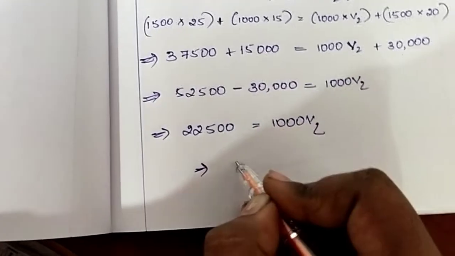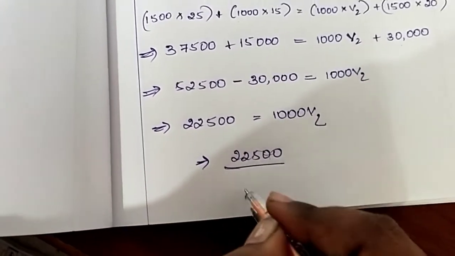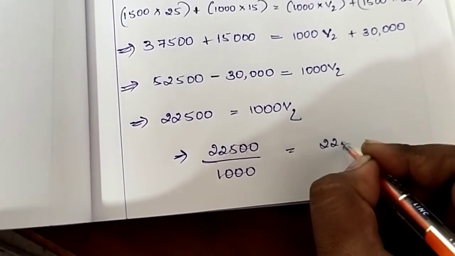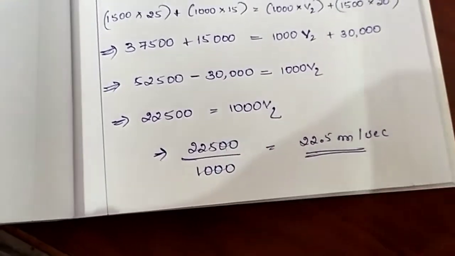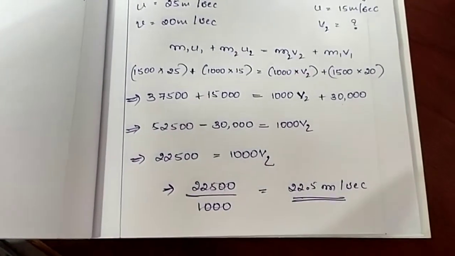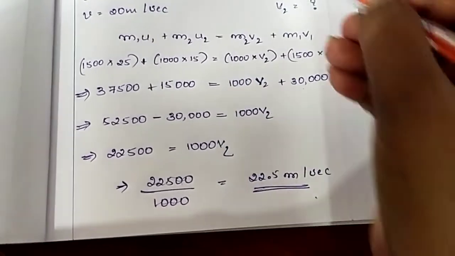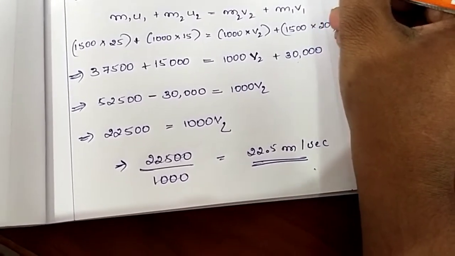So that will be 22,500 divided by 1000. We get 22.5 meter per second. So this is the velocity of car B after the collision: 22.5 meter per second.